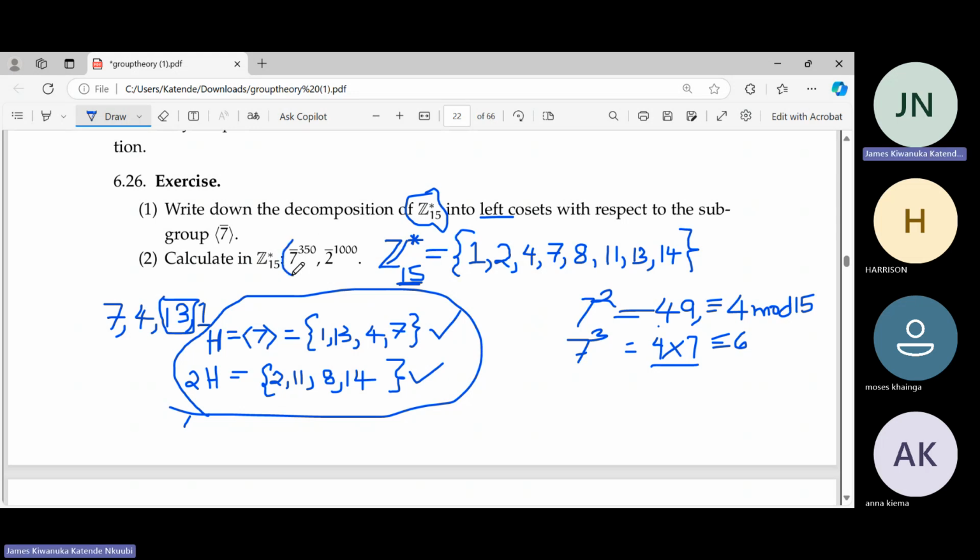Now this other one uses some property. Let's put this as 7 raised to n. This will always be the same as 7 raised to r, where r is the remainder.